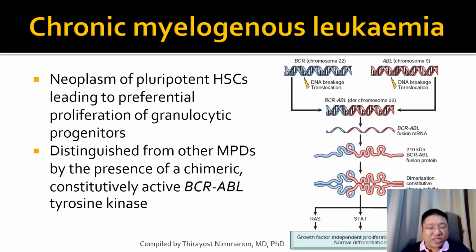So when there is production of this abnormal chimeric protein, the cells will proliferate all the time. But the differentiation is normal. So the cells proliferate and then differentiate into mature granulocytes.